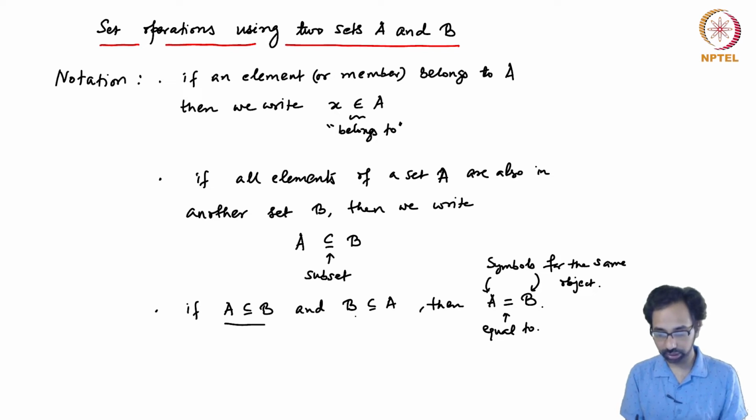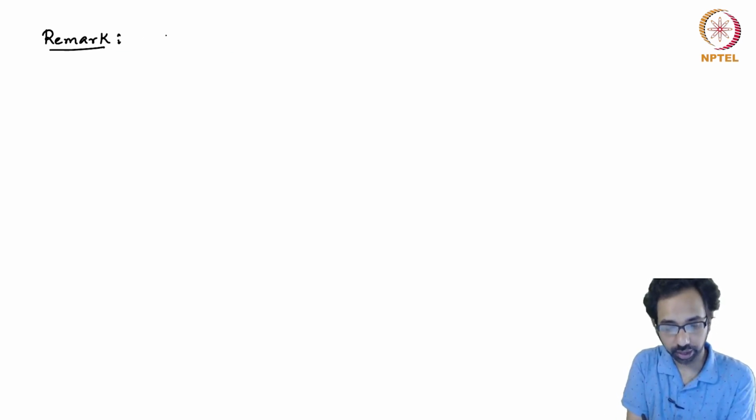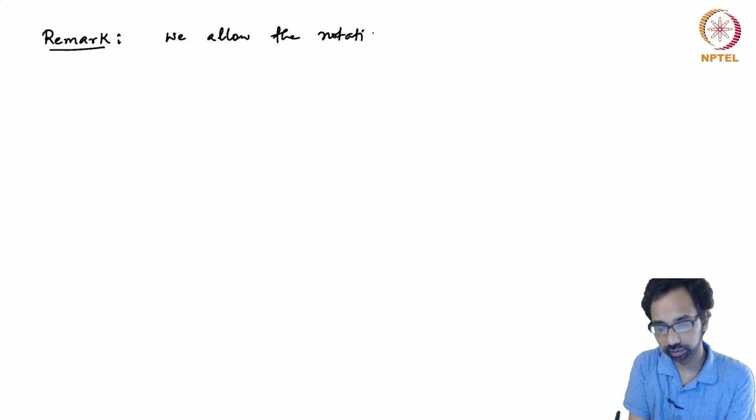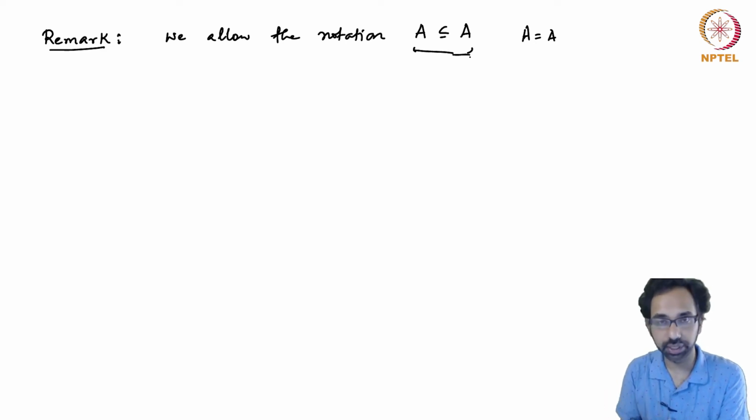These two conditions just mean that all elements of set A are in set B, and the second one means that all elements of set B are in A. Just as a remark, we allow the notation A as a subset of A. Of course A is equal to A, but we also allow this notation which views A as a subset of itself.